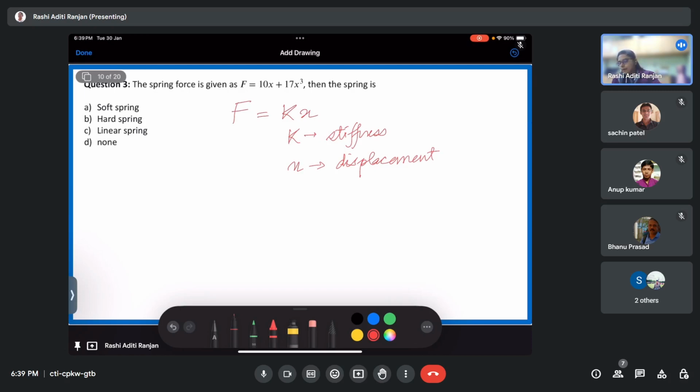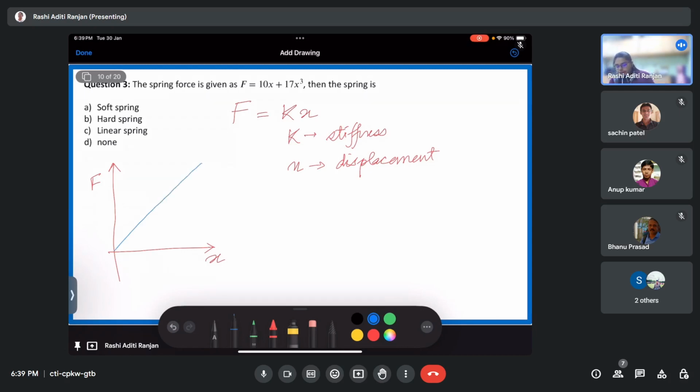So what is going to happen if I plot force versus displacement, if this I consider as x and this as F? How is the curve going to go? It will follow a path like this, isn't it?